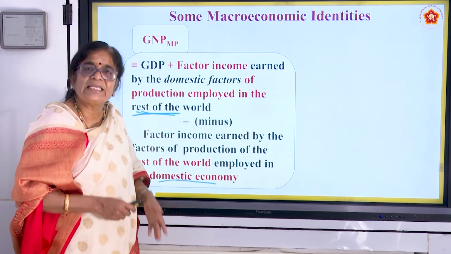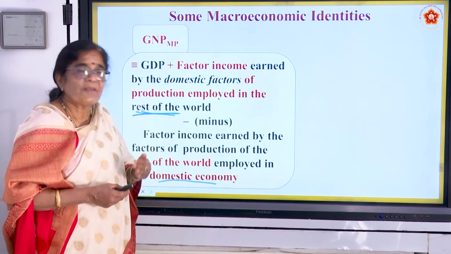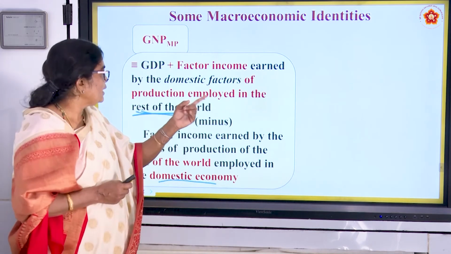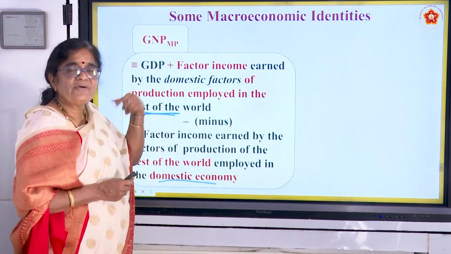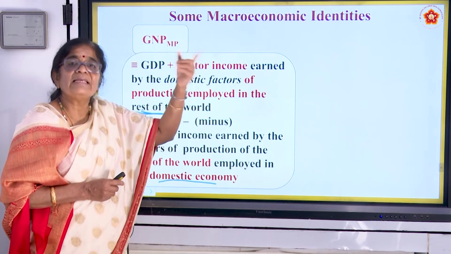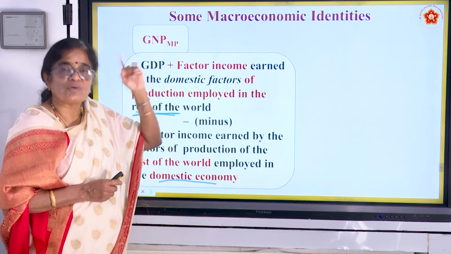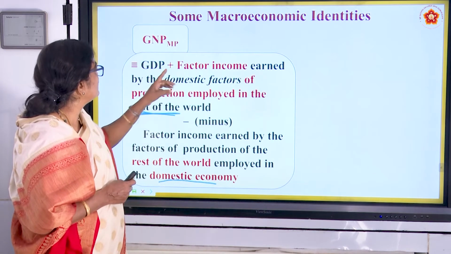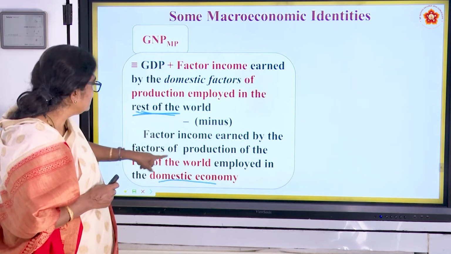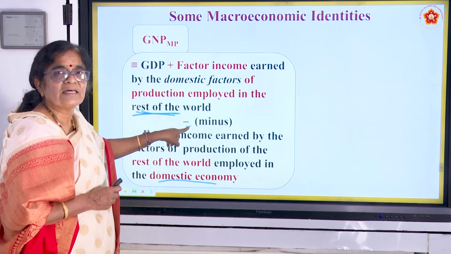In that case, the profit should go back to Korea. In the other case, our citizens of India working in Saudi Arabia, their income earned as salaries or profit should come back to India. That is added to the GDP. Foreigners' income is deducted. I hope you understood.